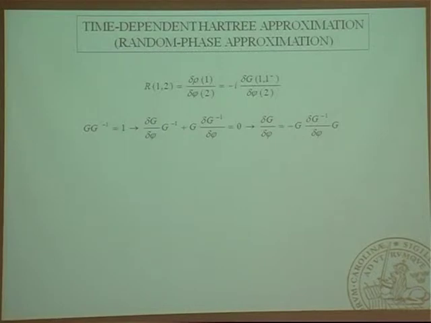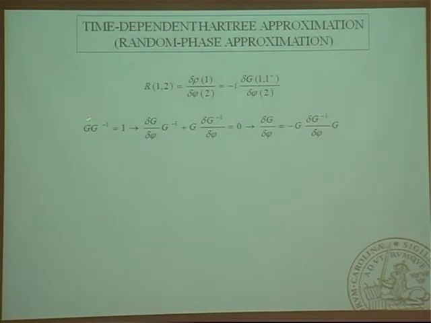So now we use the identity: G times its inverse is equal to 1. So 1 here can mean a delta function depending on your basis.